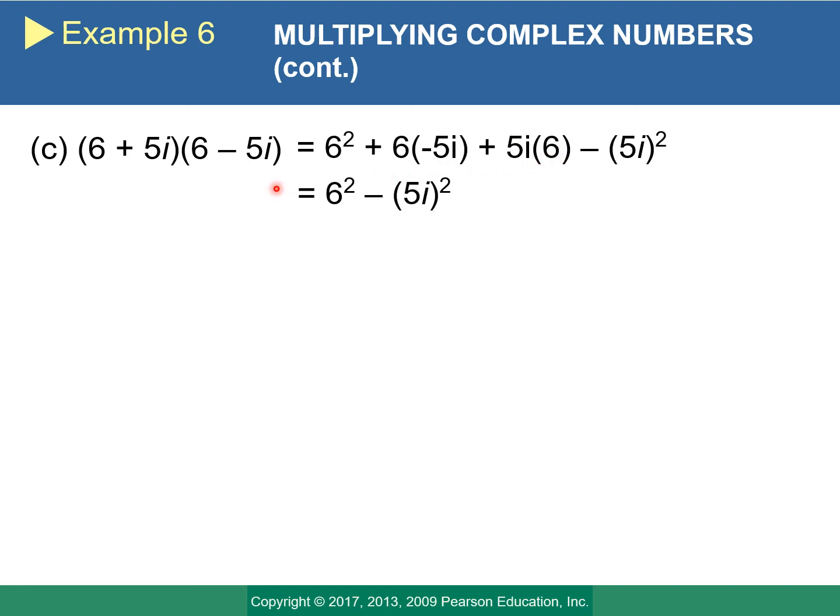And so what this is called is a complex conjugate. If I have 6 plus 5i, the complex conjugate of that is 6 minus 5i. And vice versa. If I had 6 minus 5i first, its complex conjugate is 6 plus 5i. So when the sign on the imaginary term changes, that's a conjugate of what you had previously.